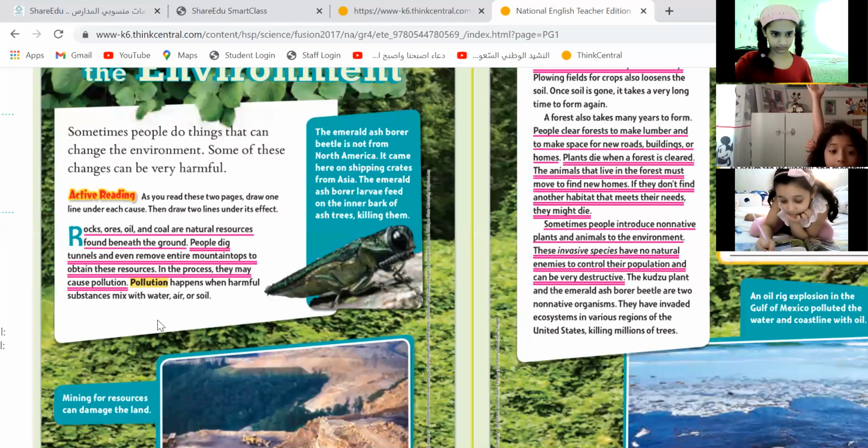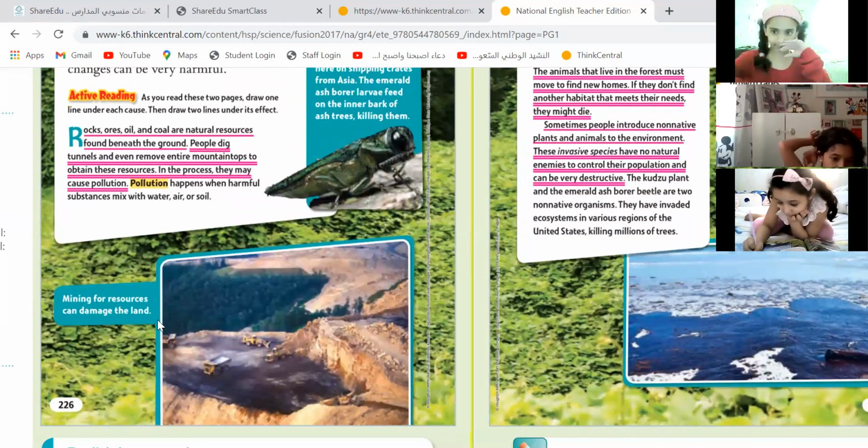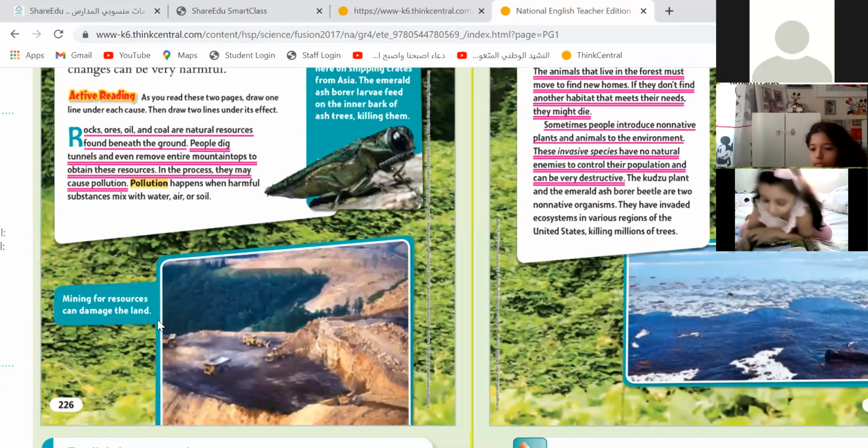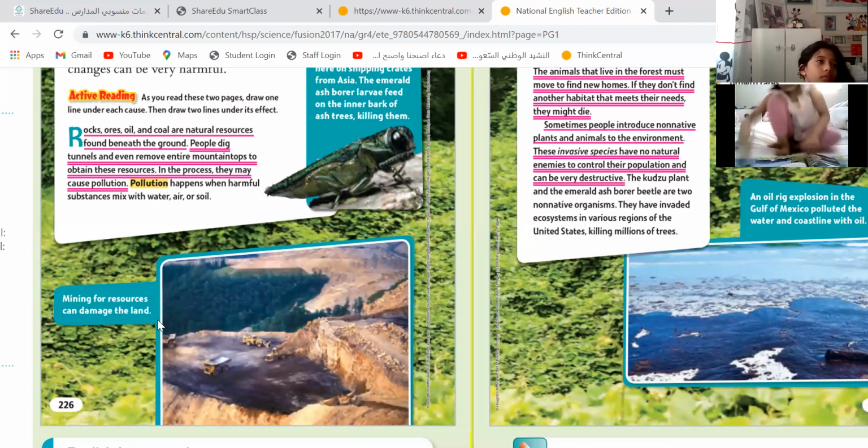So what should they do, Yalayan? So they can stop this pollution. Yes, how can they stop this pollution? Maybe use it wisely. How can they use it wisely?